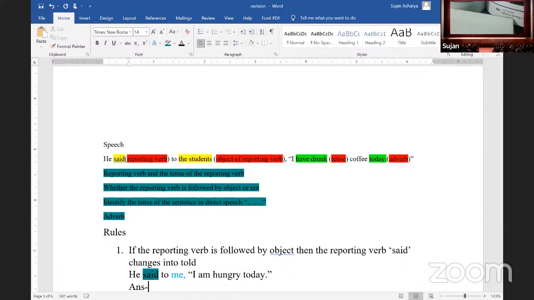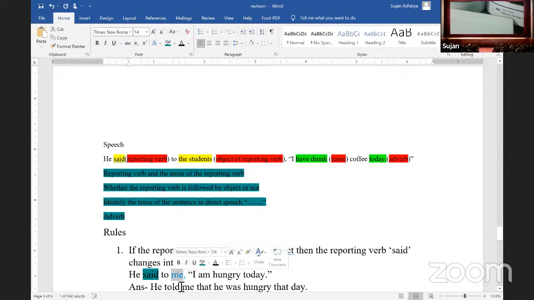What's the answer? He told me that he was hungry that day. Because this said is followed by me, this said changes into told.